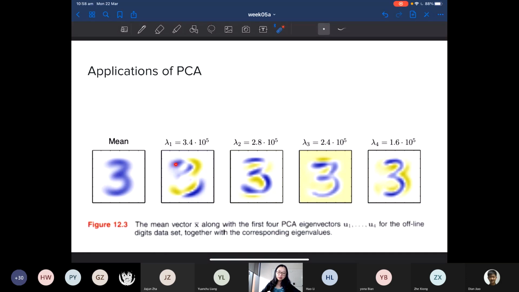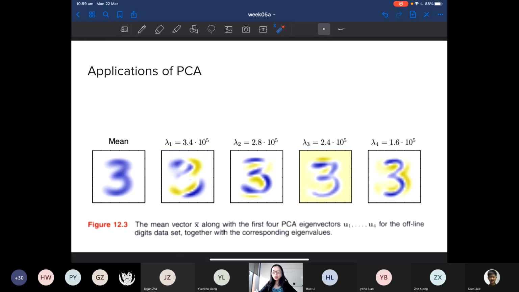So it basically says there are 2 mutually exclusive versions of these 3. One is slanted this way, the other is slanted that way, and these are almost the extremes of the rotations that the digit 3 can have. The second component covers the shifts, right? One is the 3 written a bit upwards, the negative one is the 3 written a bit downwards.